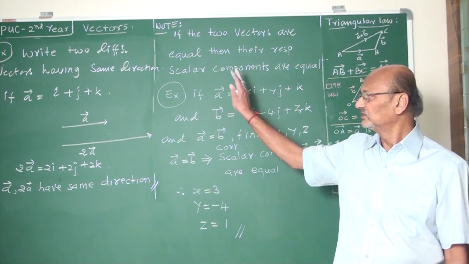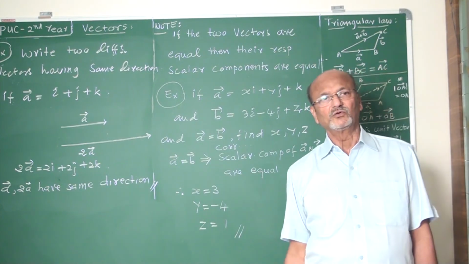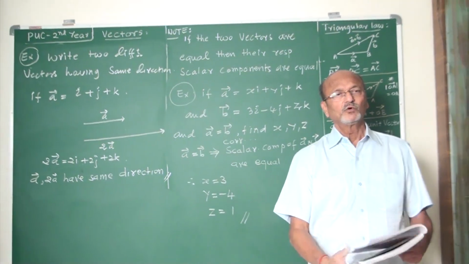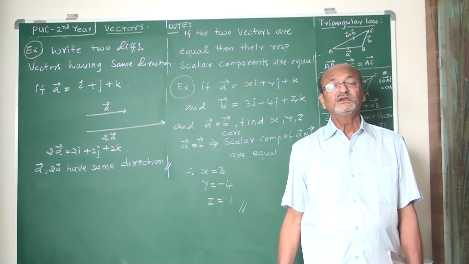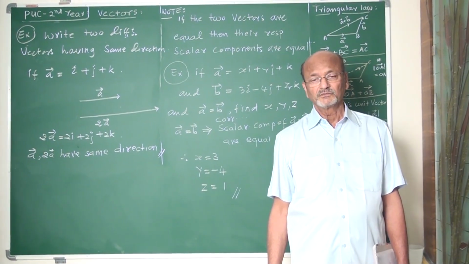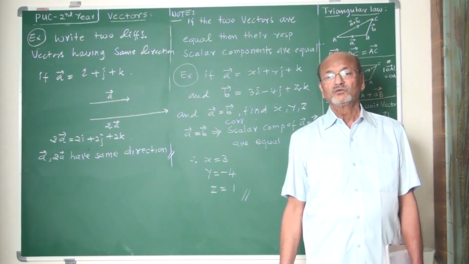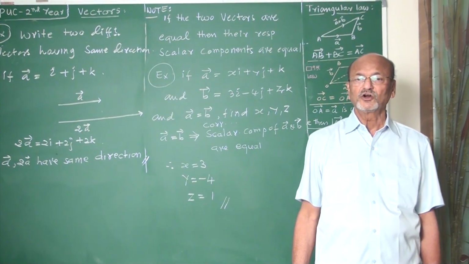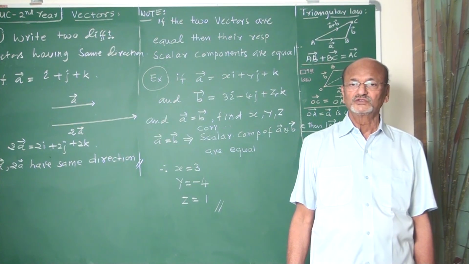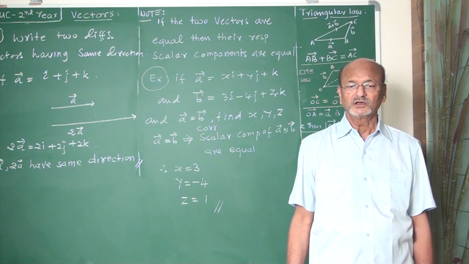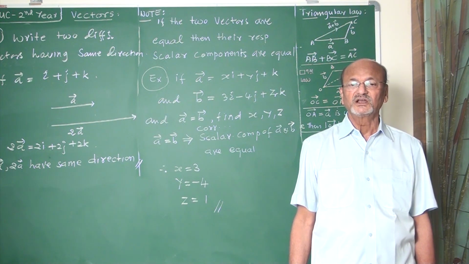So this is one part I have done today. The very important thing I have done is the position vector OP expressed in terms of unit vectors i, j, k. If P is a point with coordinates x, y, z, and i, j, k are the unit vectors along OX, OY, OZ, then the position vector of the point P equals xi plus yj plus zk.